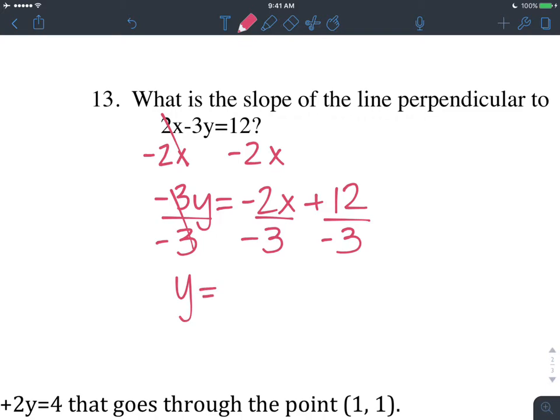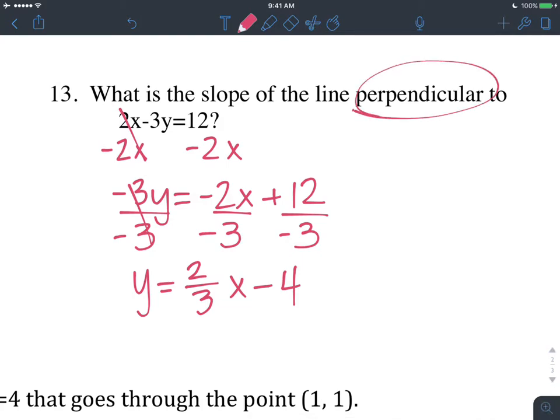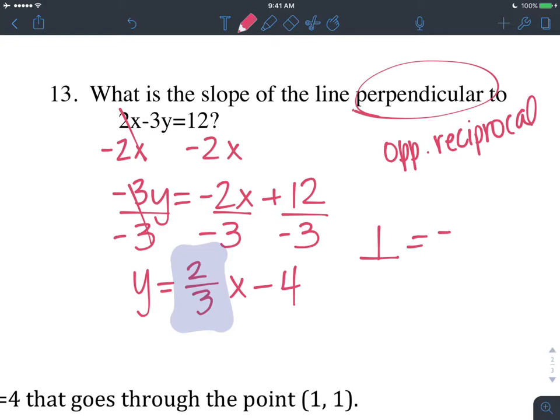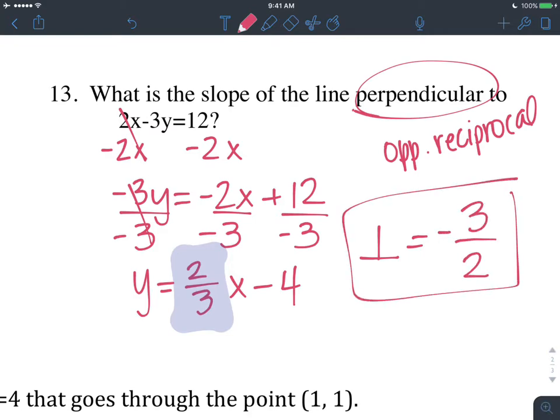And y is going to equal a positive 2/3 x minus 4. So since it wants perpendicular, we need the opposite reciprocal. So opposite sign, our slope here was 2/3. So our opposite sign is going to be negative, and then we have to flip the fraction over. So negative 3/2.